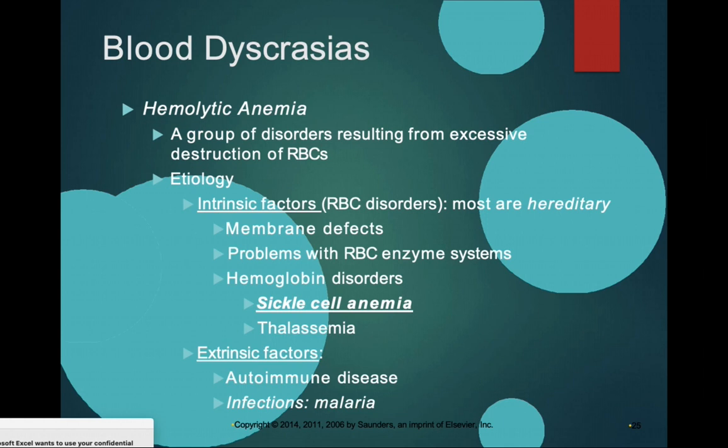There are membrane defects to the red blood cell. There can be problems with the red blood cell enzyme systems. There are hemoglobin disorders, and sickle cell anemia and thalassemia are the two main hemoglobin disorders that are genetic.